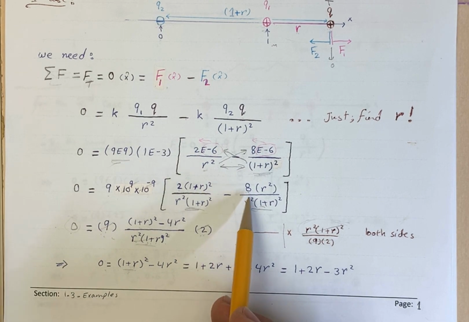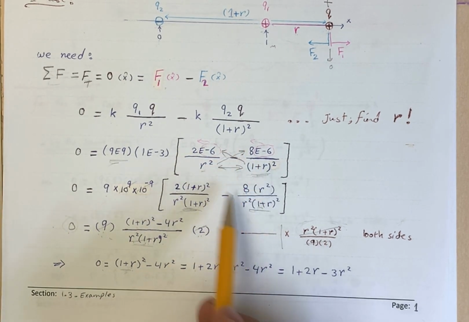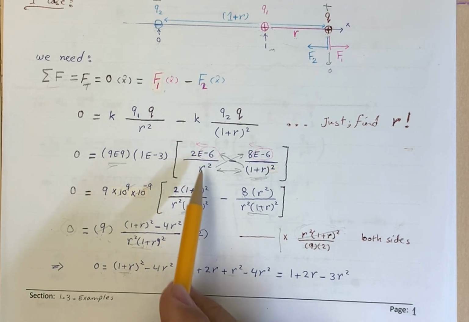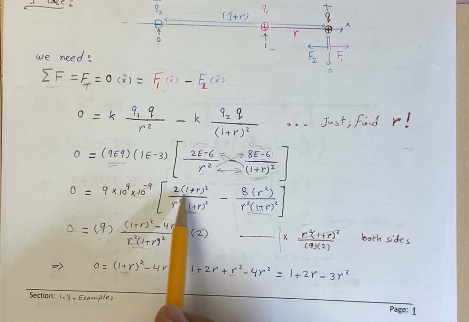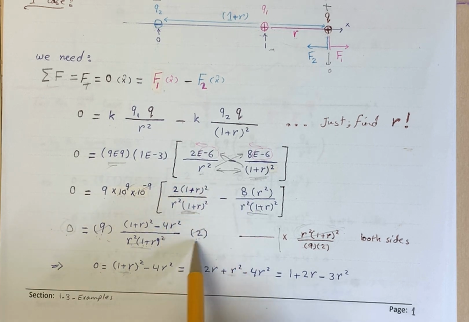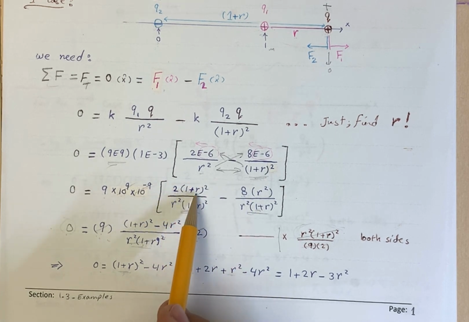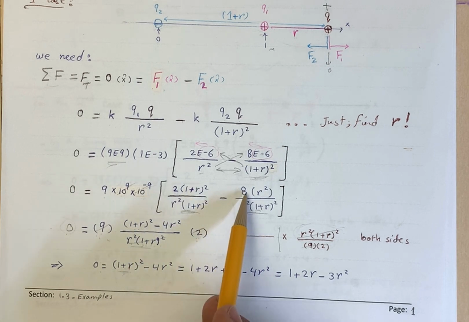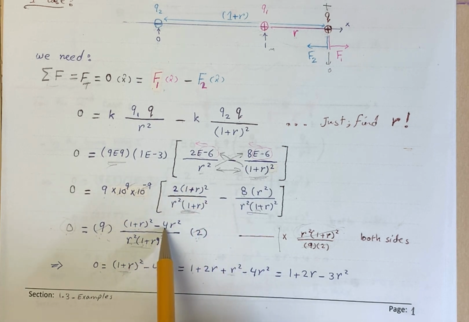The second term is 8R square, because I multiply by R square. We have here 1 plus R all square. I take 2 from here and here as a common factor, and I have 1 plus R still here alone. We have here 4 because I take the 2 from them.